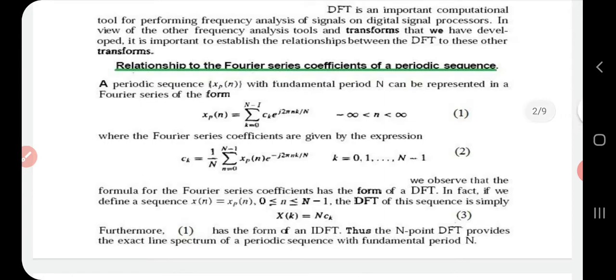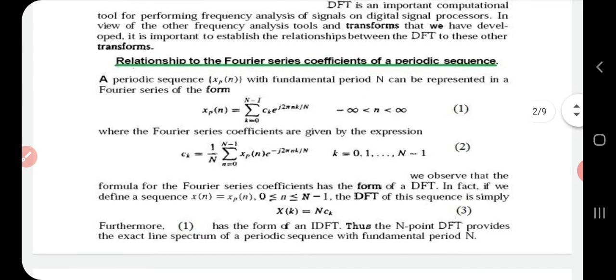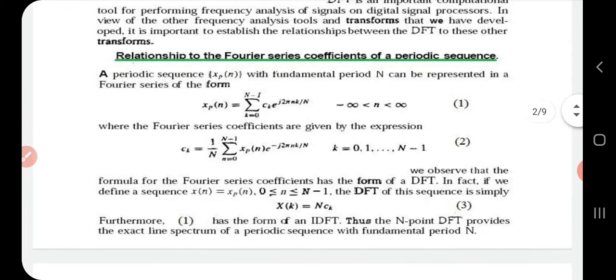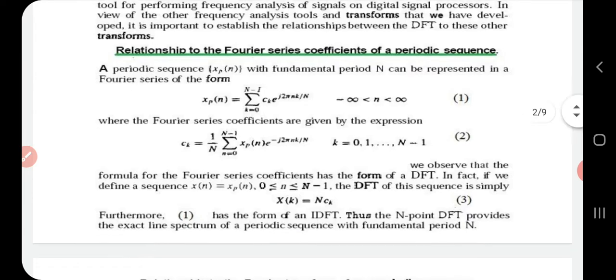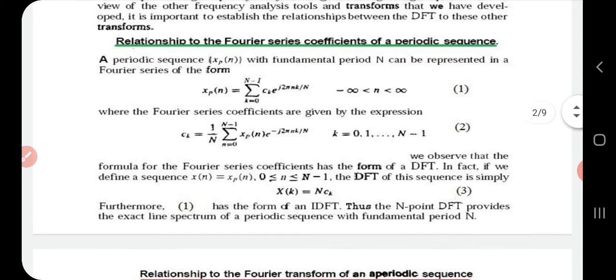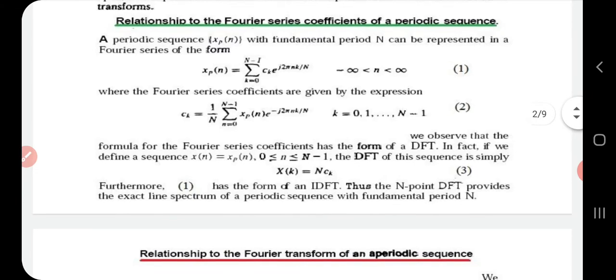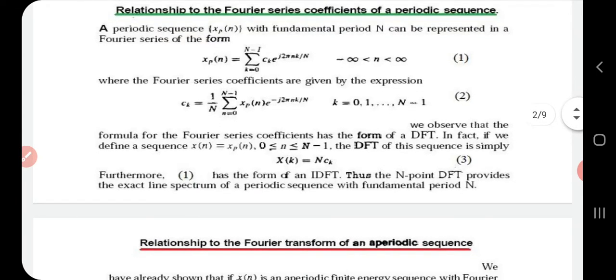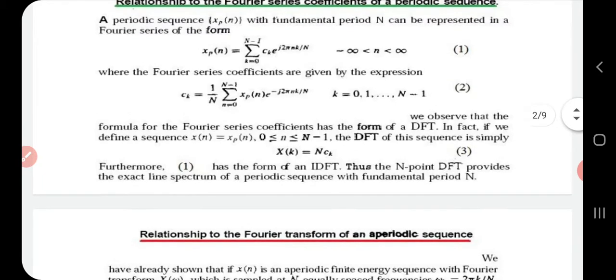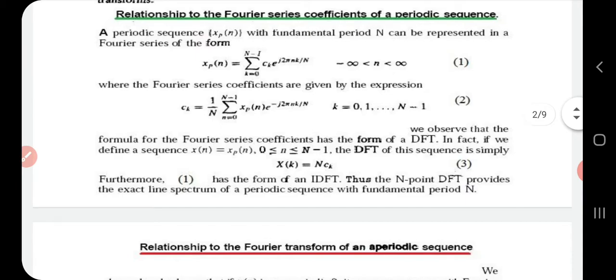Here this p stands for periodic, and suppose that the fundamental period of that periodic sequence is represented by capital N. Then such a periodic sequence can be represented in a Fourier series of the form xp(n) equals summation over k equal to 0 to N minus 1 of c_k e raised to j 2 pi nk by N. Here c_k is the Fourier coefficient and is given by 1 by N summation over n equal to 0 to N minus 1 of xp(n) e raised to minus j 2 pi nk by N, where k ranges from 0 to N minus 1.